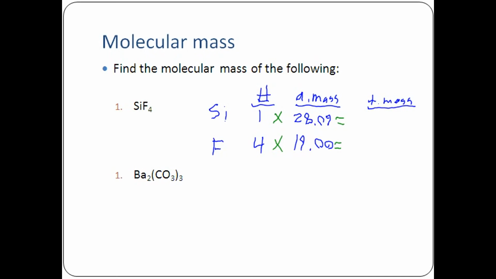So 1 times 28.09 just gives us 28.09. 4 times 19 I should be able to do in my head, but I'm going to do it in the calculator just to make sure I don't make a mistake. 4 times 19 is 76, so 76.00 is the total amount of fluorine. Now we can just add those two up: 76 plus 28.09 gives a total of 104.09.